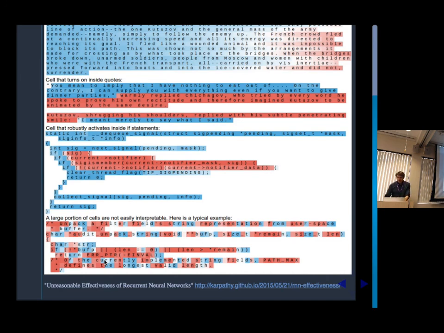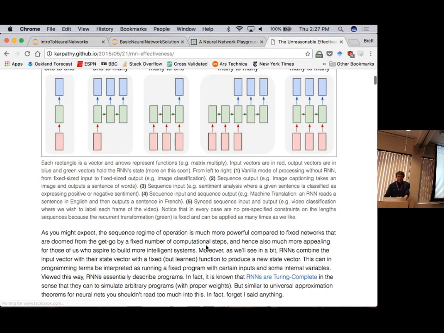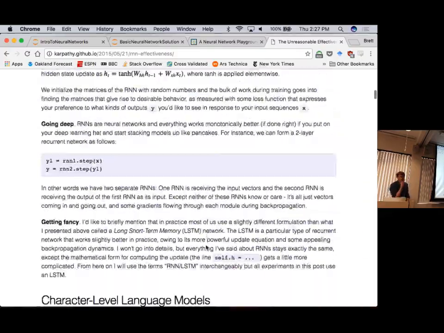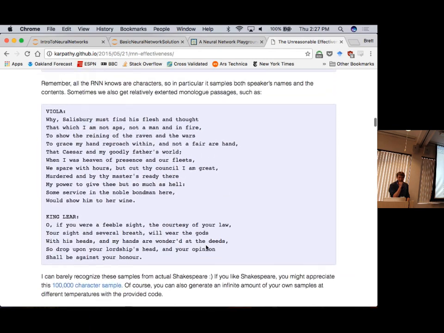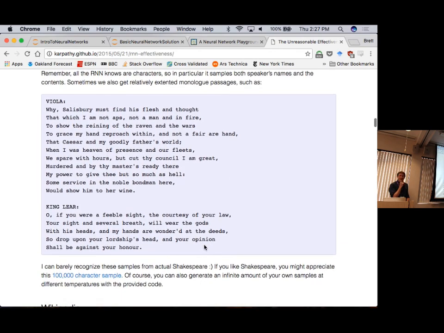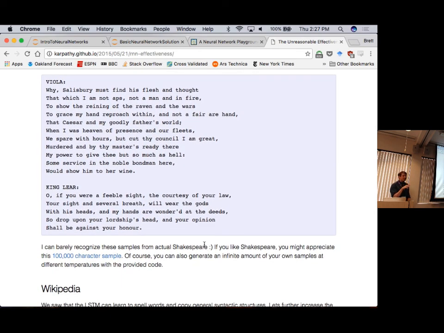Maybe I'll show you just a couple of other examples from here. So, oh yeah, this is automatically generated Shakespeare text. It doesn't make sense, but maybe if you aren't really paying attention and you just glance at it, if you squint, it could be real text.